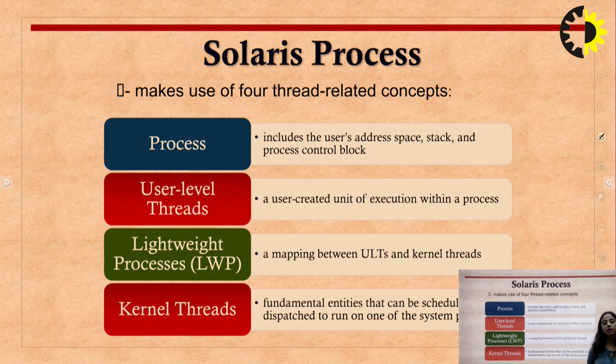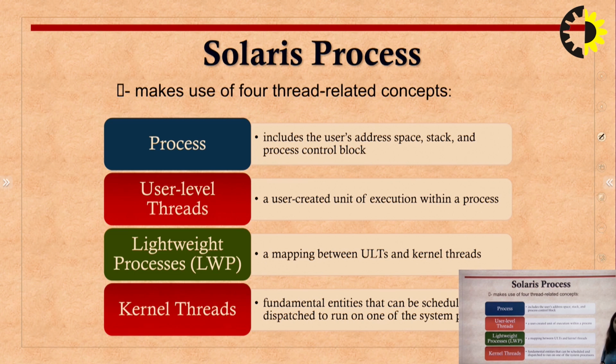A user created unit of execution within a process. Lightweight process. What are lightweight processes? A mapping between user level threads and a kernel thread is called a lightweight process. Kernel threads are the fundamental entities that can be scheduled and dispatched to run on one of the system's processors.